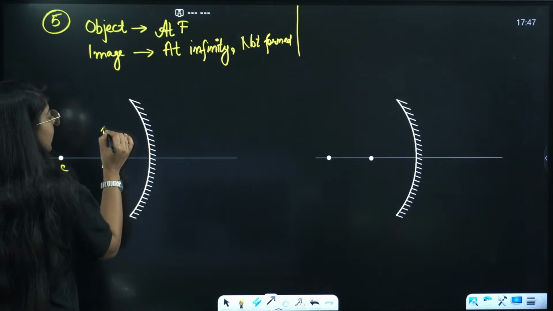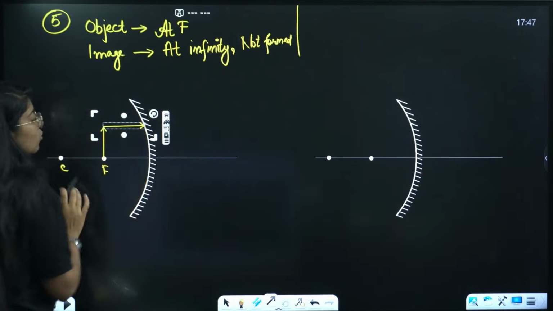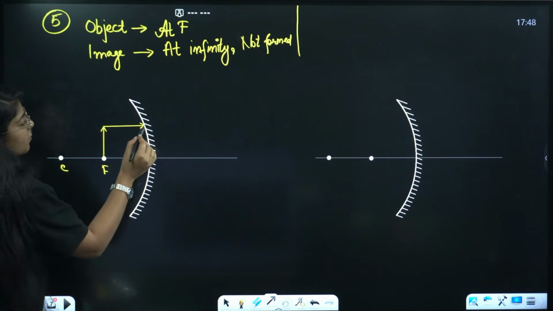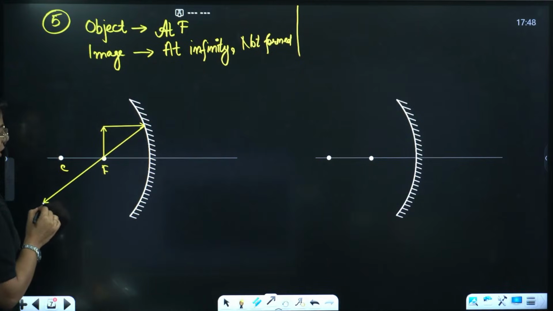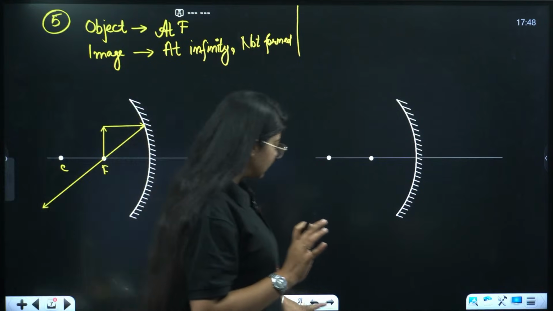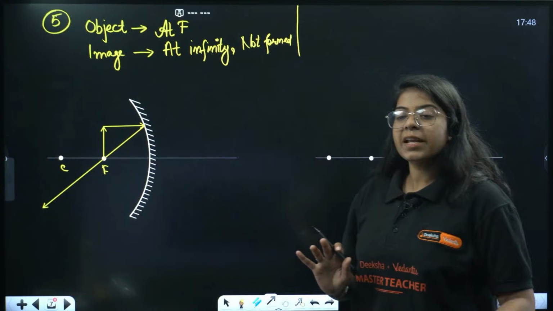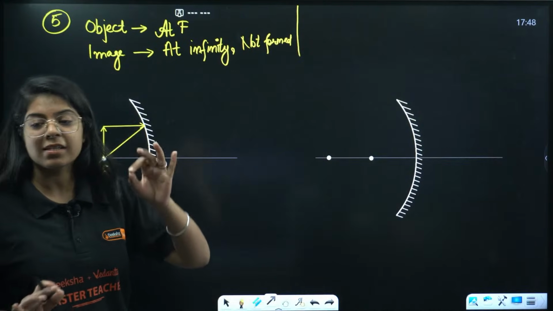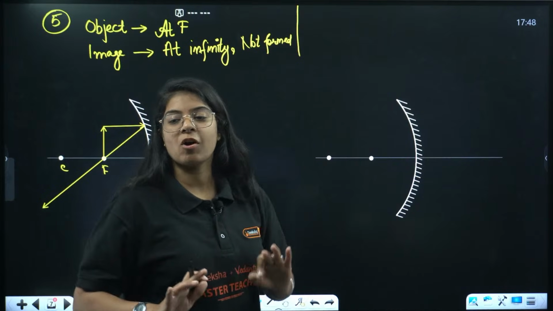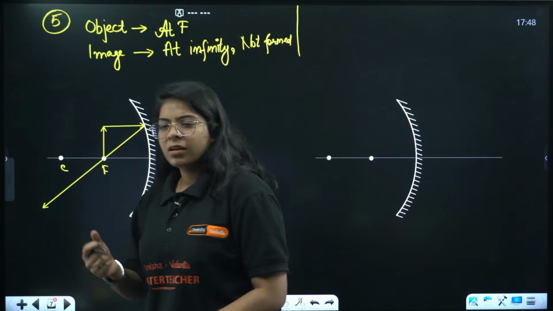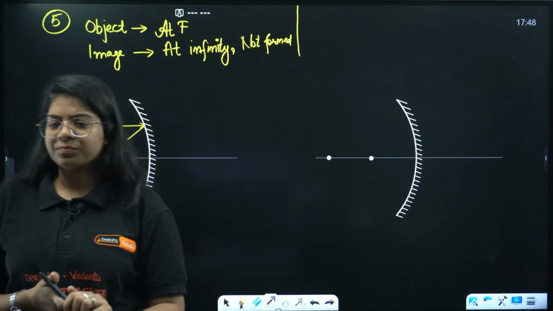And it passes from focus. इतना तो clear है. There is no doubt in anything till here. The first ray goes, in every case, the first ray goes parallel to principal axis, reflects back, passes from focus. Done? Correct?